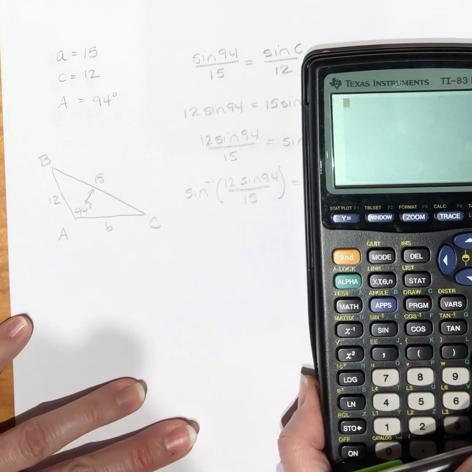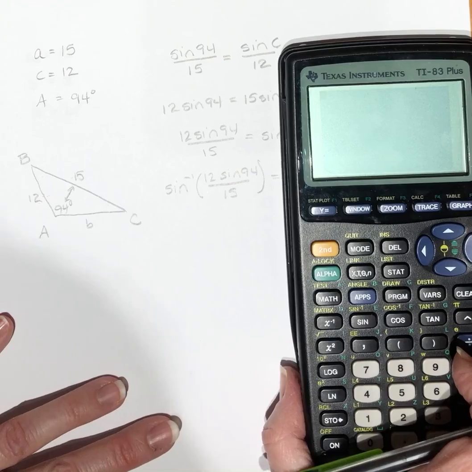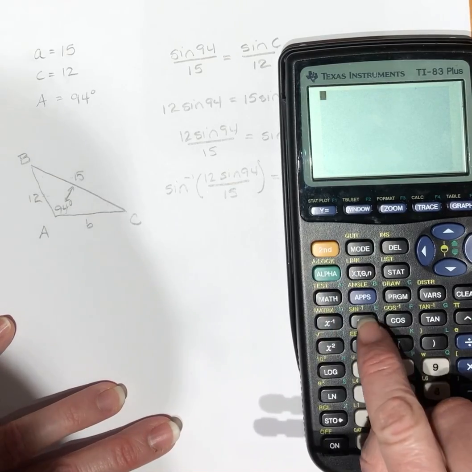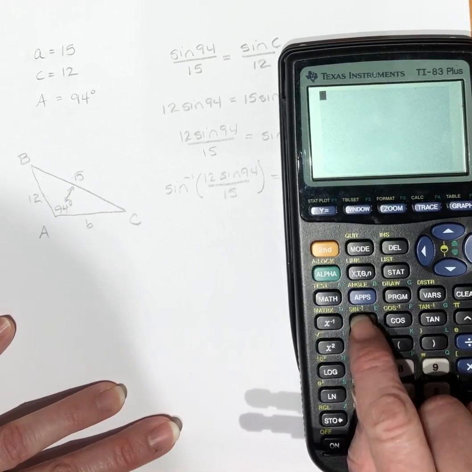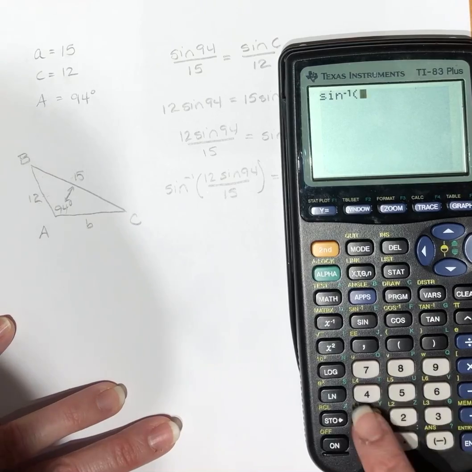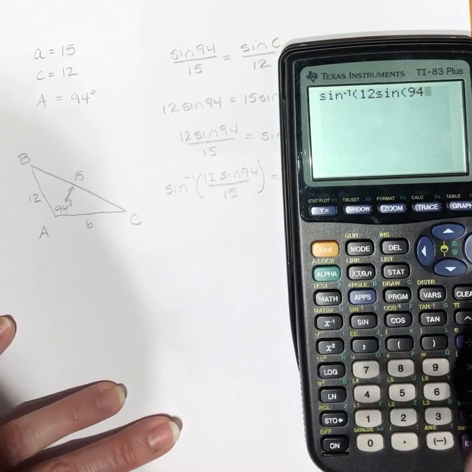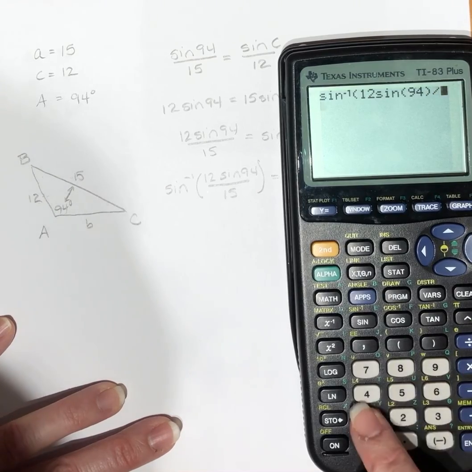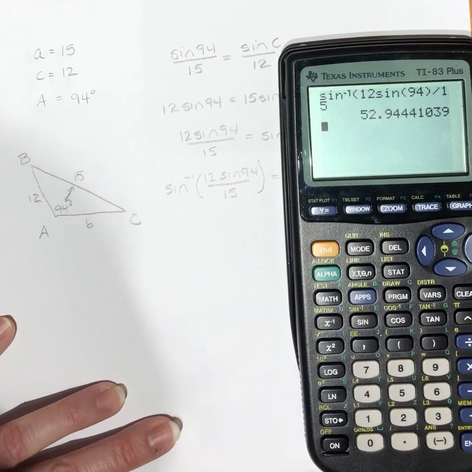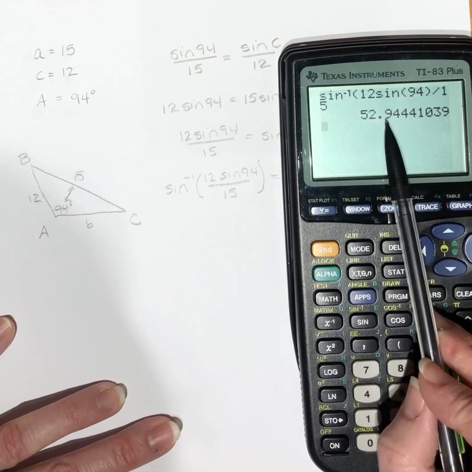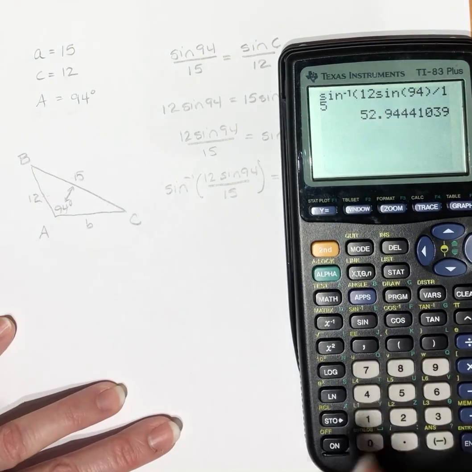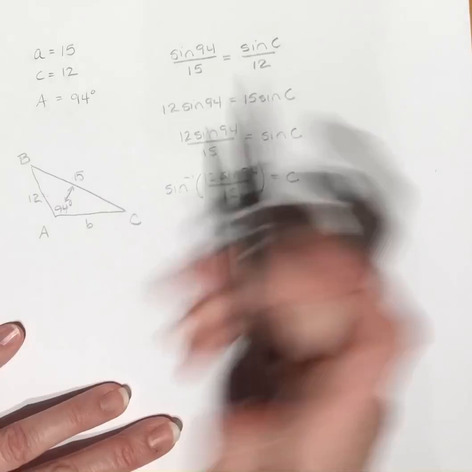And I need to be able to see that big ugly mess. So inverse sine again is above the sine button. Inverse sine of 12 times the sine of 94. Make sure I close that one, divided by 15. So to the nearest 10th, I have 52.9 degrees for angle C.